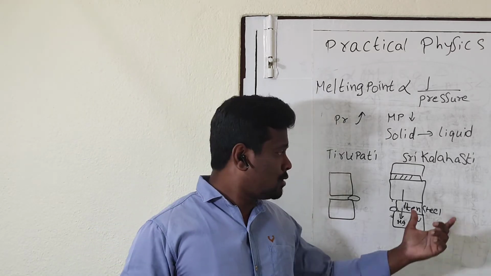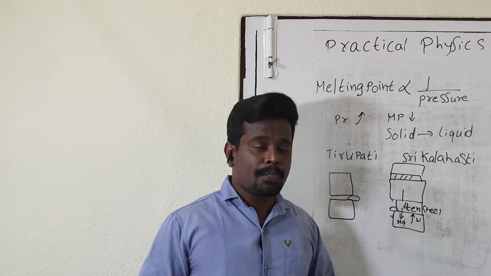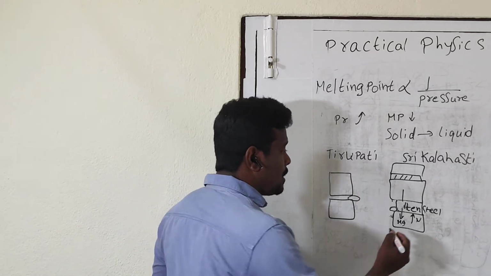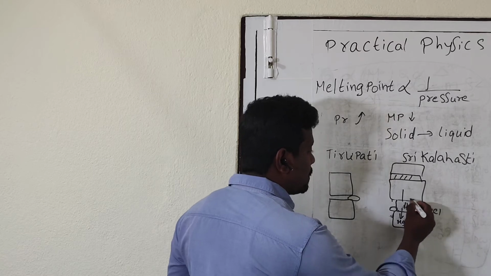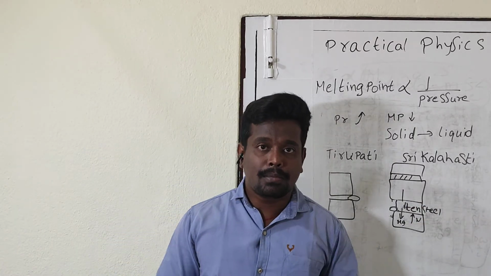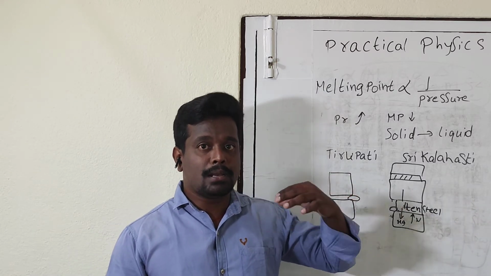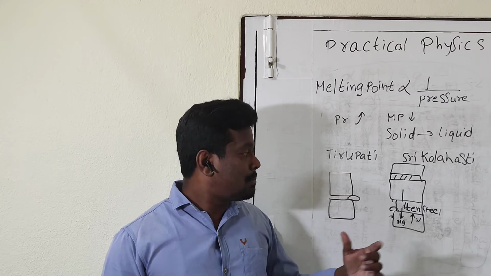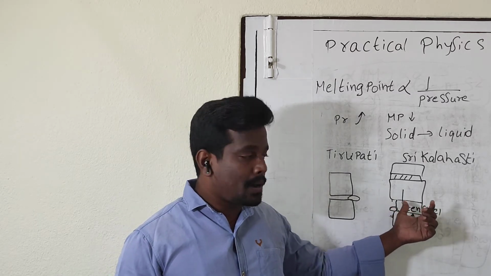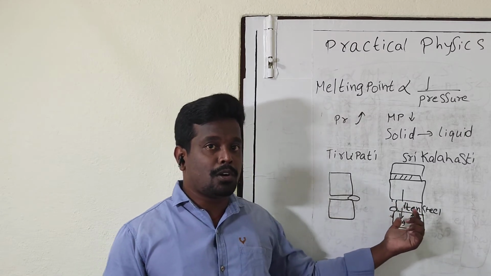Also, if pressure increases, the temperature of the object also increases. So the inside steel is already present with a very huge amount of temperature. The coin has been present for only a few years, right?